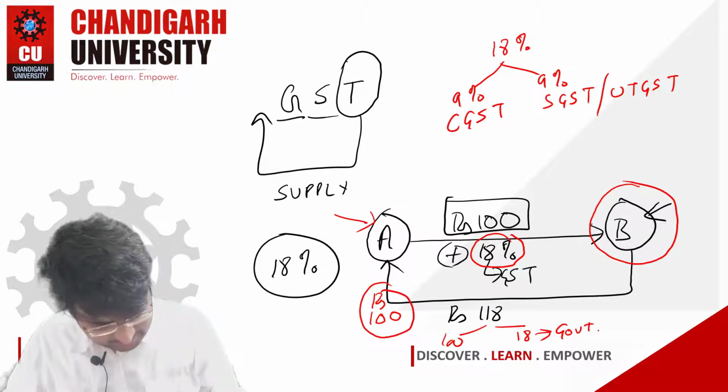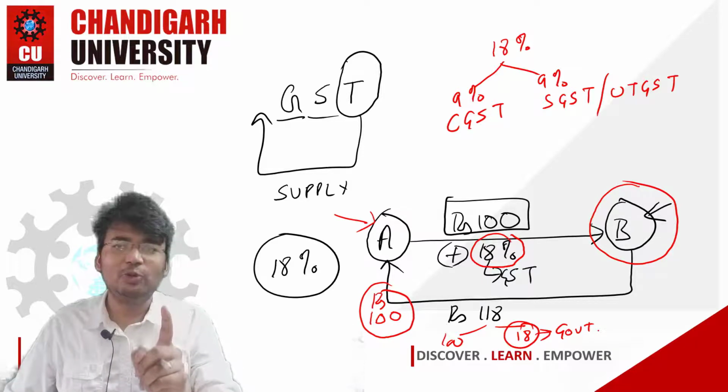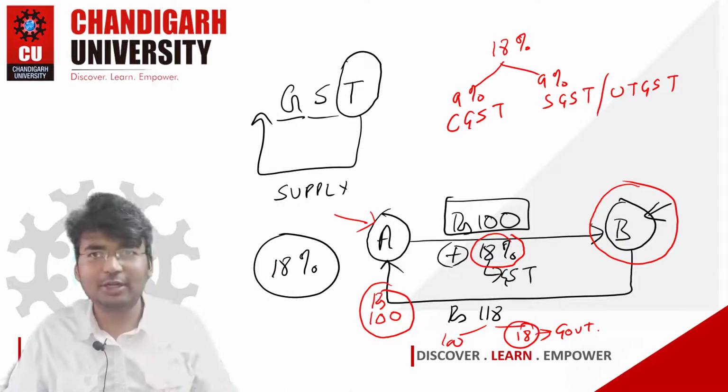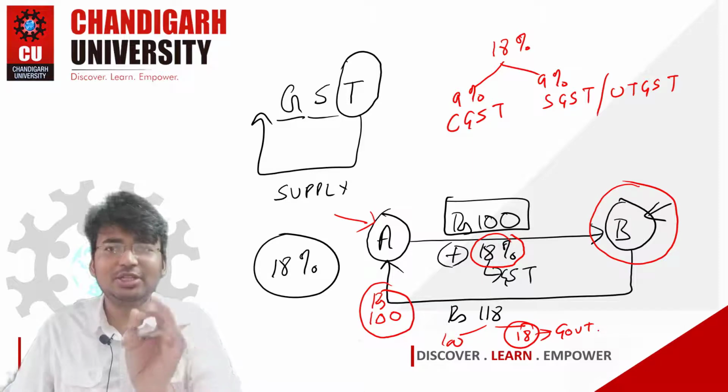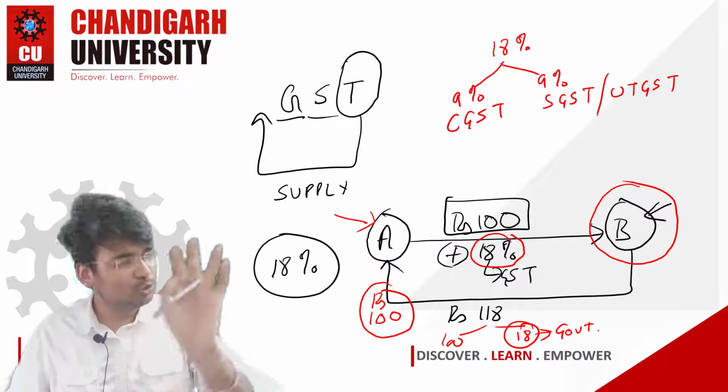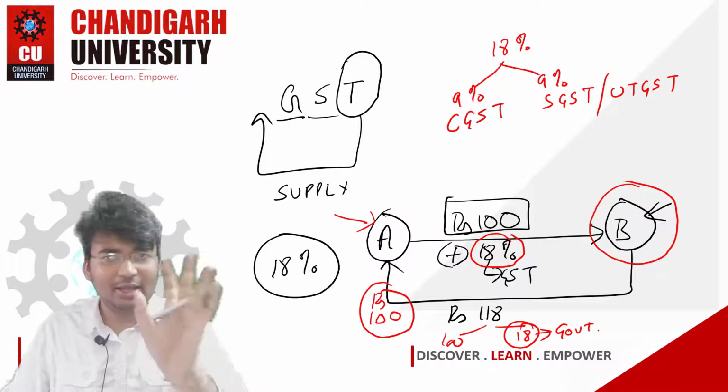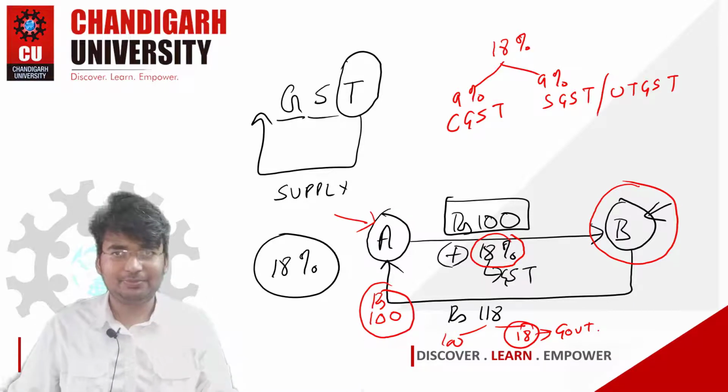So out of this 18 rupees, 9 rupees will go in the pocket of the central government and 9 rupees will go in the pocket of the state government. So this is how GST works. If anyone is supplying goods to anybody, then they have to pay tax and that tax is called GST.